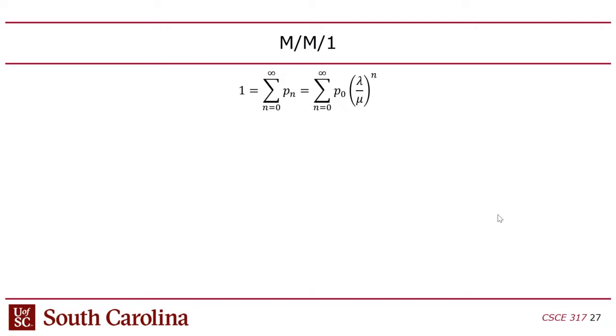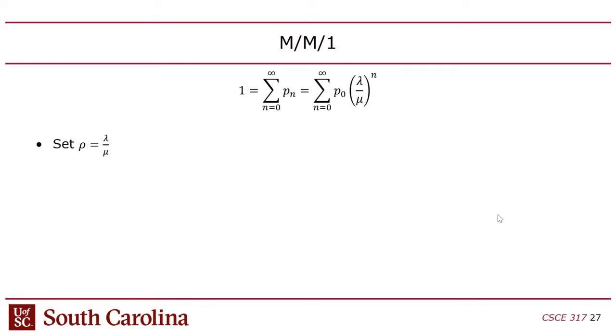So that's inconvenient, but we have to add up all the p of n from n equals 0 to infinity, and that should equal 1. Well, the good news is we've derived p of n. We can substitute in p sub 0 times lambda over mu to the nth power. So that makes things a little easier.